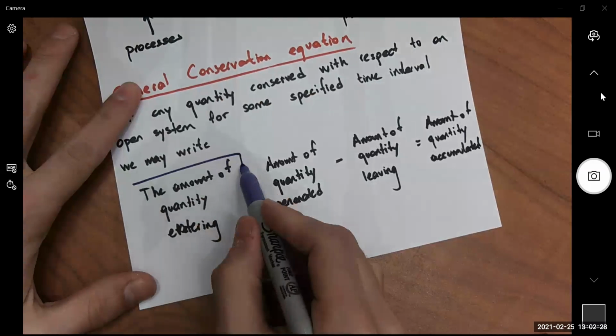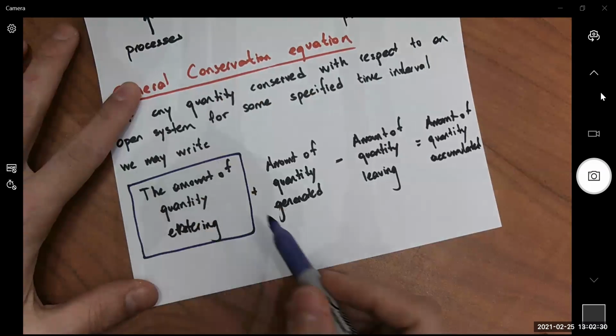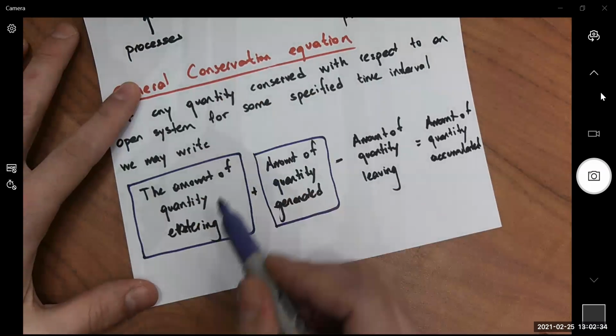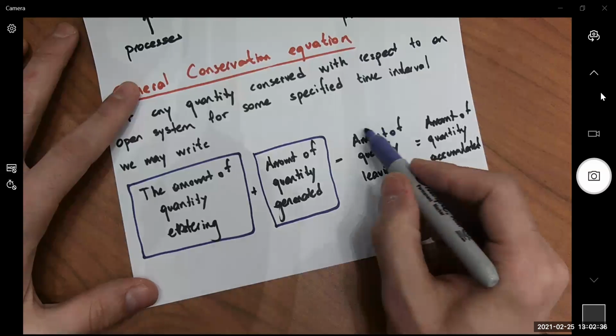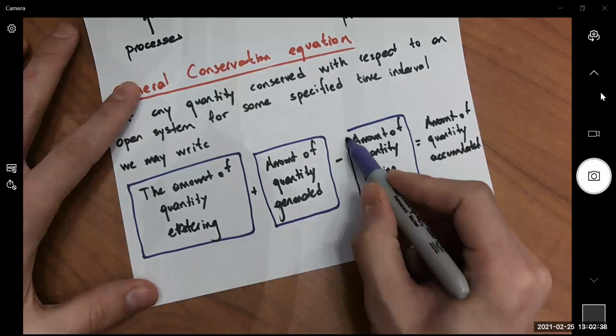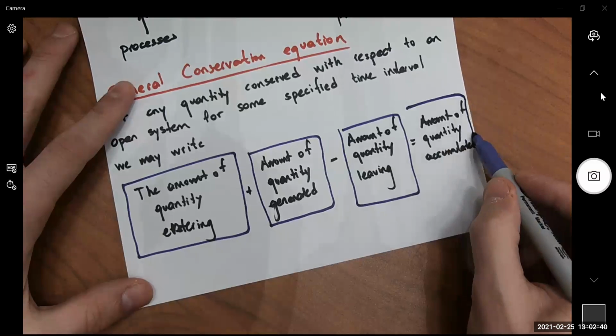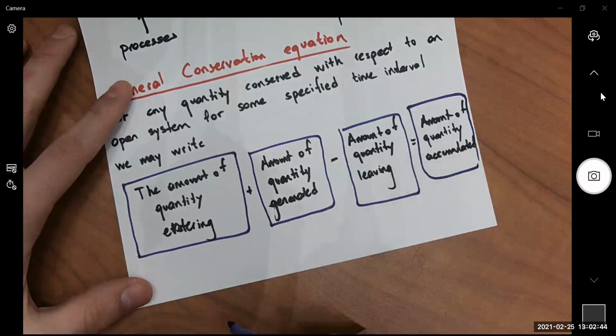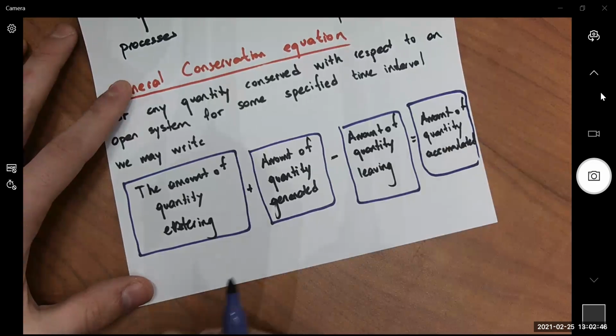So the amount of quantity entering my system plus the amount of quantity generated inside the system minus the amount of quantity leaving should be equal to the amount of quantity accumulated at the end. Okay, and this can be applied to anything in life, including your bank account, right?